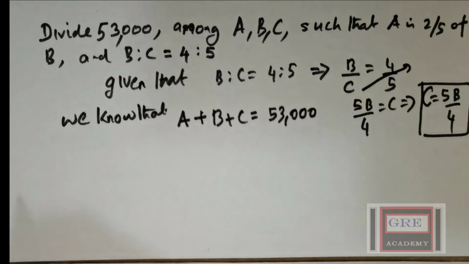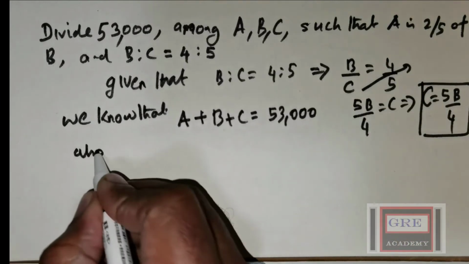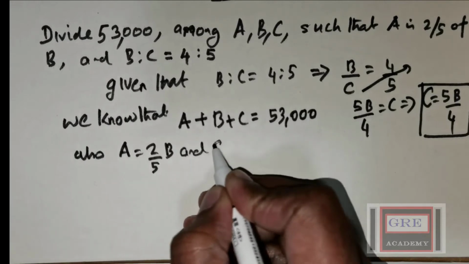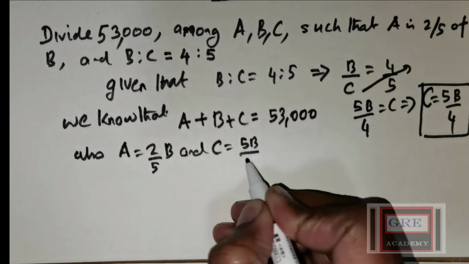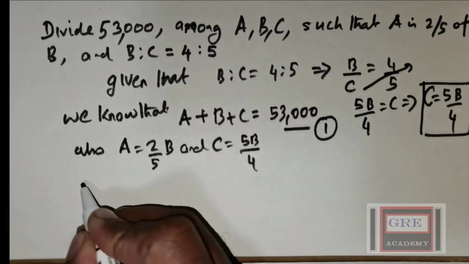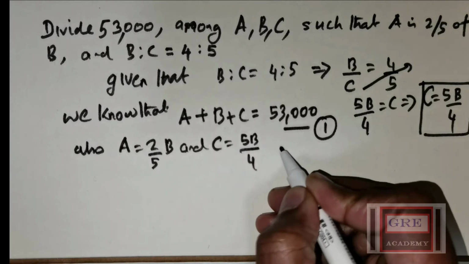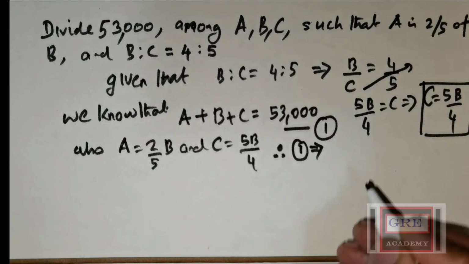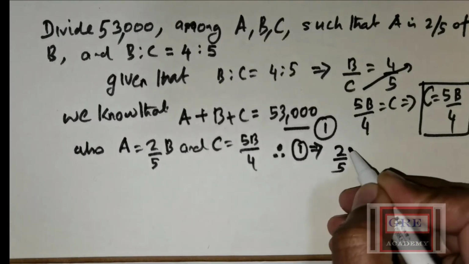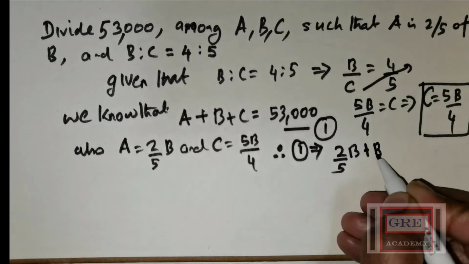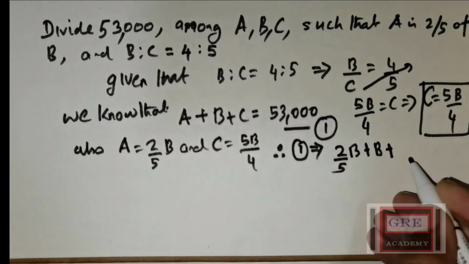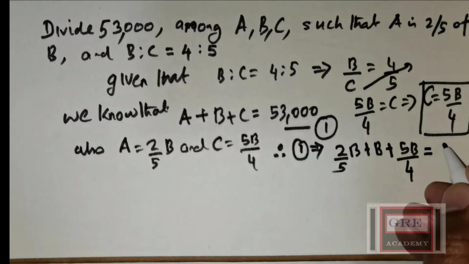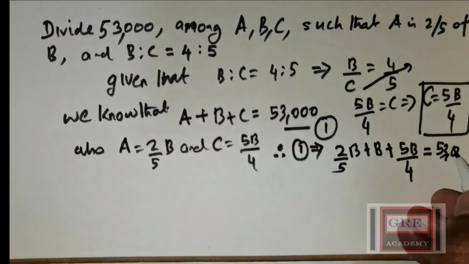Now A is 2/5 of B, and we also know that C is equal to 5B over 4. So if I were to take this as 1, I can rewrite 1. I'm using the space here. So 1 can be rewritten as 2/5 times B plus B. I'm not touching B. Retain it as it is. In place of C, it's going to be 5B divided by 4, which is equal to 53,000.